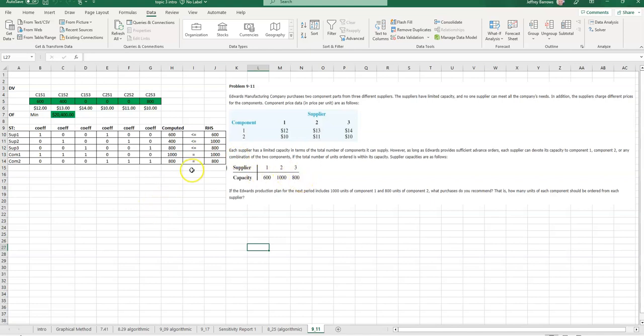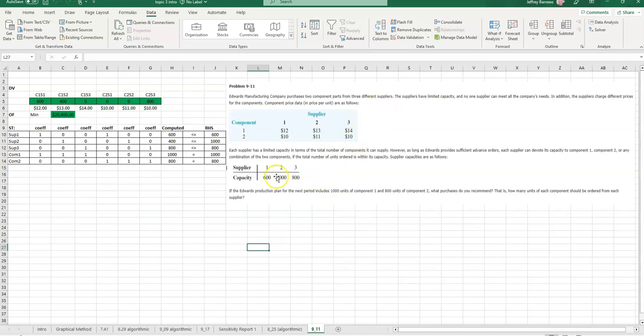Why might that be the case? Supplier 2 is a little more expensive than supplier 1, and $1 more than supplier 3 on component 1. But one thing we will notice here, a clear distinction on component 2: $1 less for both supplier 1 and supplier 3 on component 2.